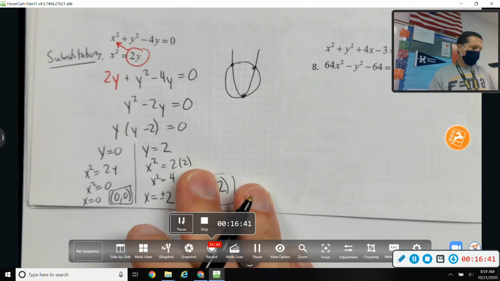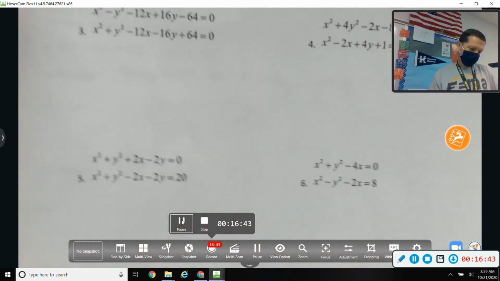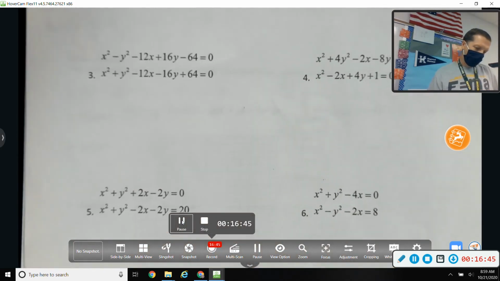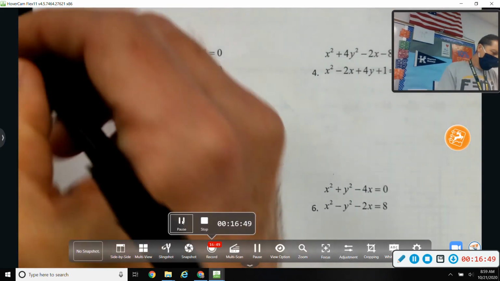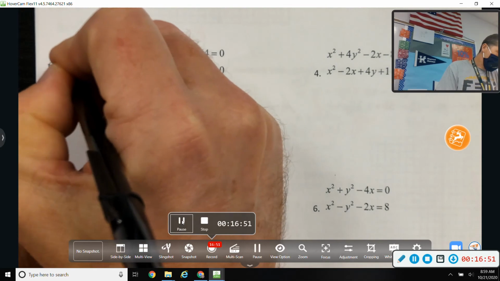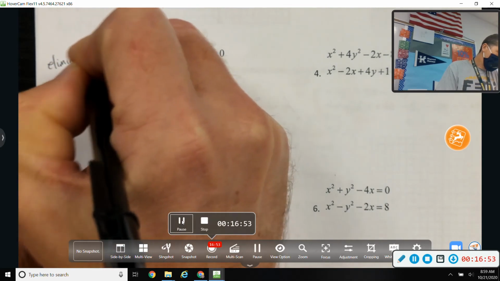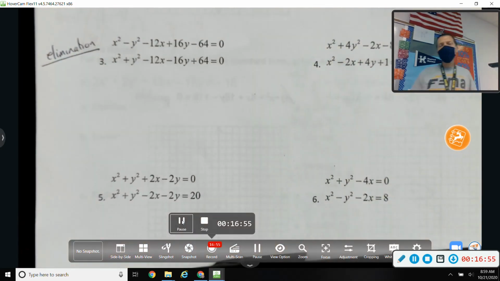Let's look at number, I think the rest of them are elimination. Number 3 works for me. Elimination means we should be able to add them together and hope that one of the variables goes away completely.